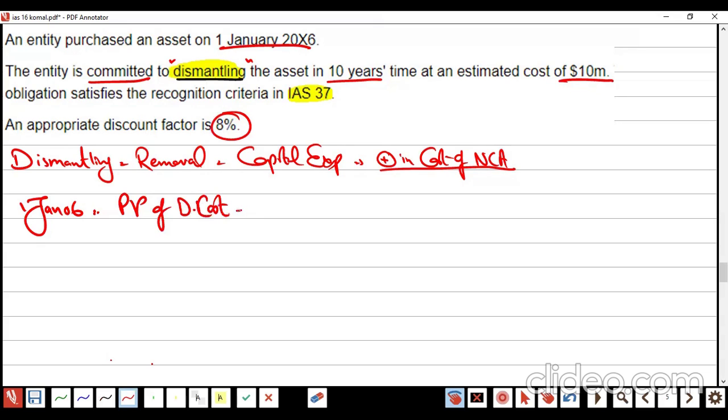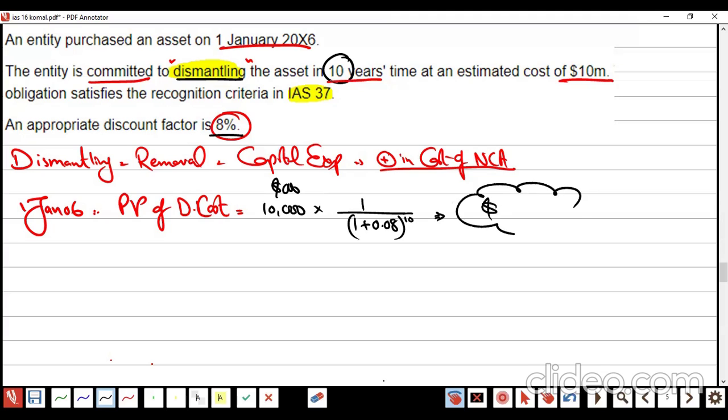The formula is the cash flow, which is 10 million, into the discount factor 1 divided by 1.08, with the power of 10 years.